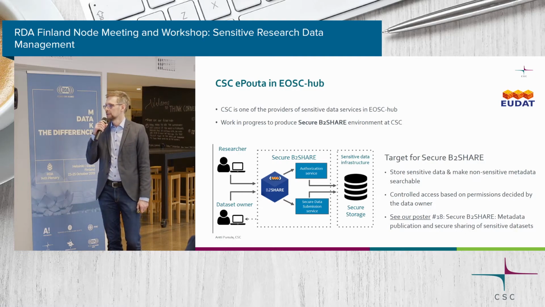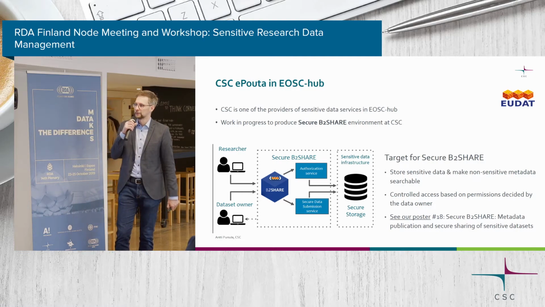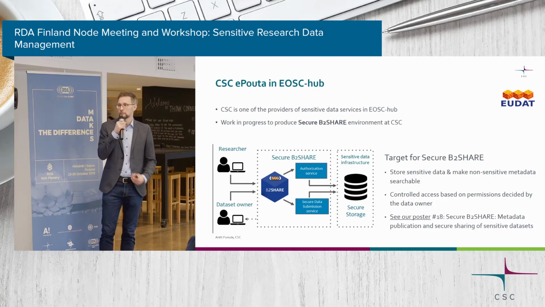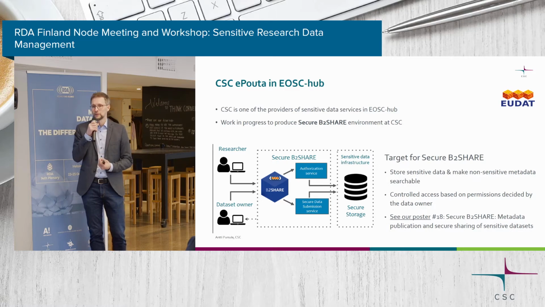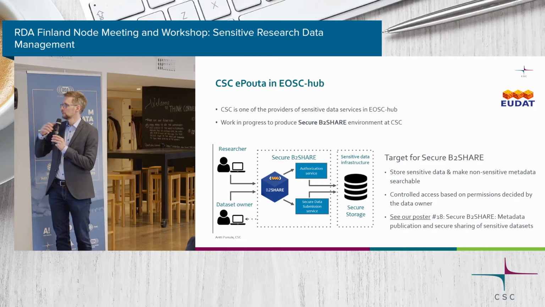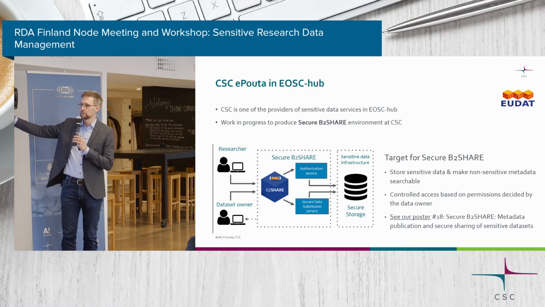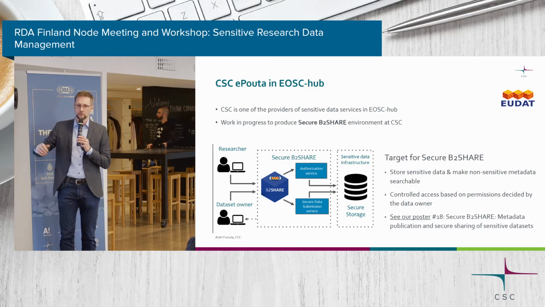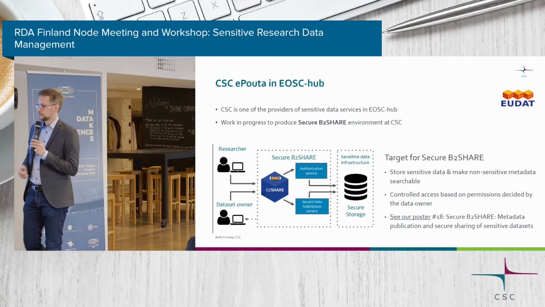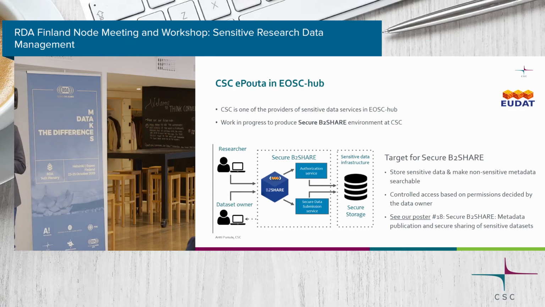And here we are utilizing the same idea that we have with the sensitive data platform to produce something called secure B2Share. Those who know the EU data infrastructure, EUDAT, again, it's something in Europe that has produced several services for managing research data, and B2Share is one of those services.